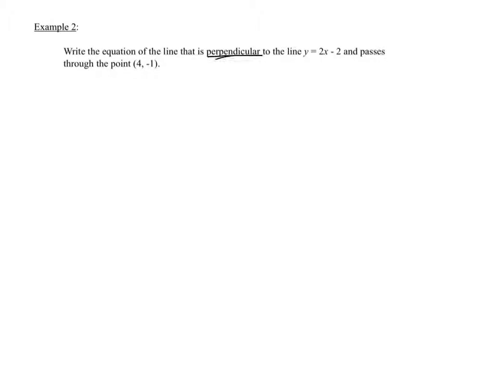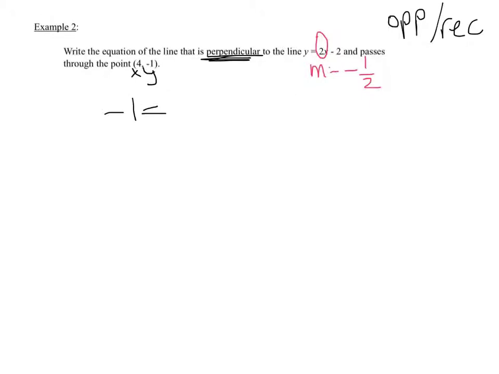Now this time they're perpendicular. So remember, perpendicular is opposite and reciprocal. So now we want to use the opposite reciprocal of this slope. We want to use m is equal to the opposite reciprocal. So now I would plug in my point. There's my x and here's my y. So I have negative 1 is equal to the slope, which is now negative 1/2, times the x coordinate, which is 4, plus b.